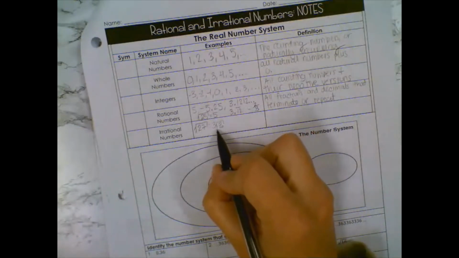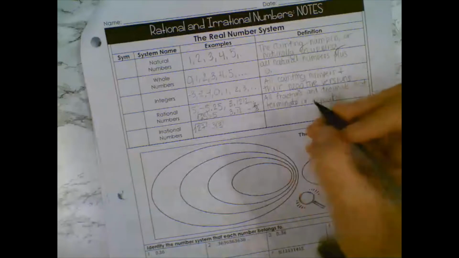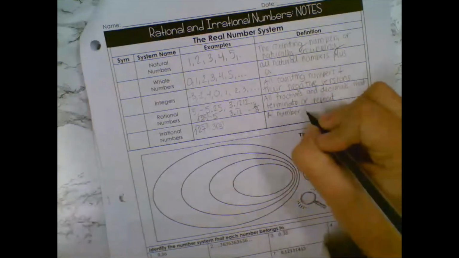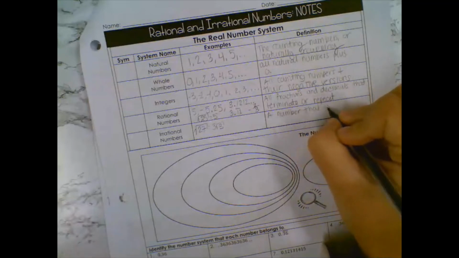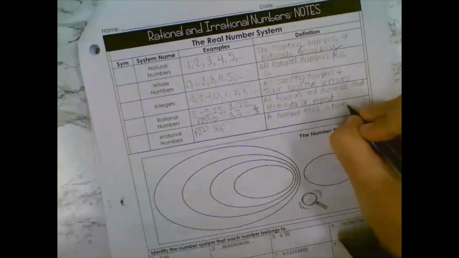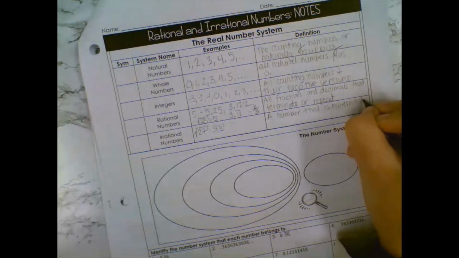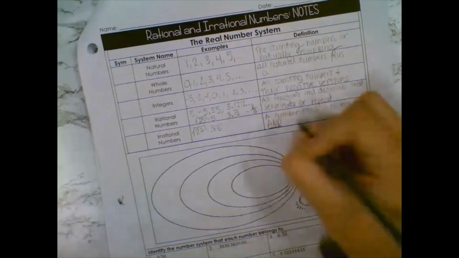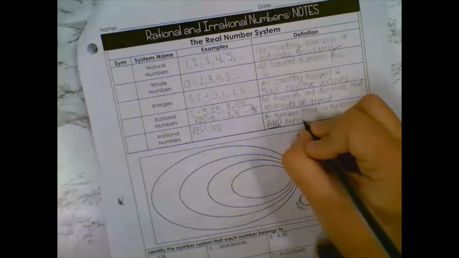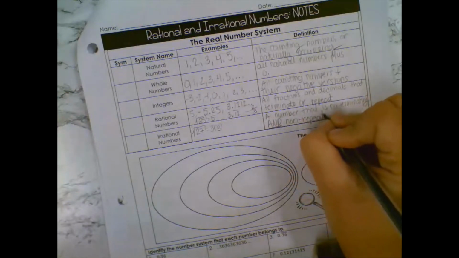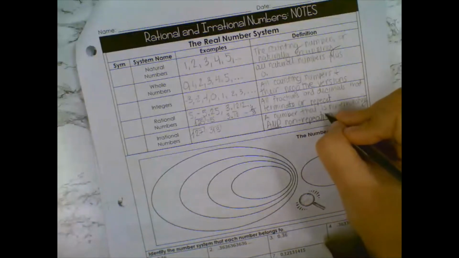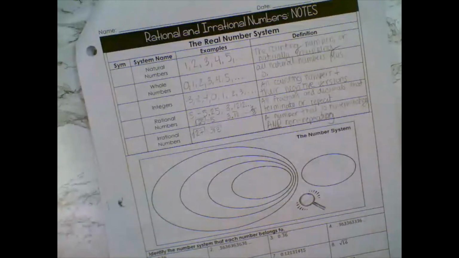And if it still has a radical, that means it is a number that is non-terminating and, it has to be the word and included, non-repeating. So it has to meet both conditions. Sometimes we'll see this in our calculator.